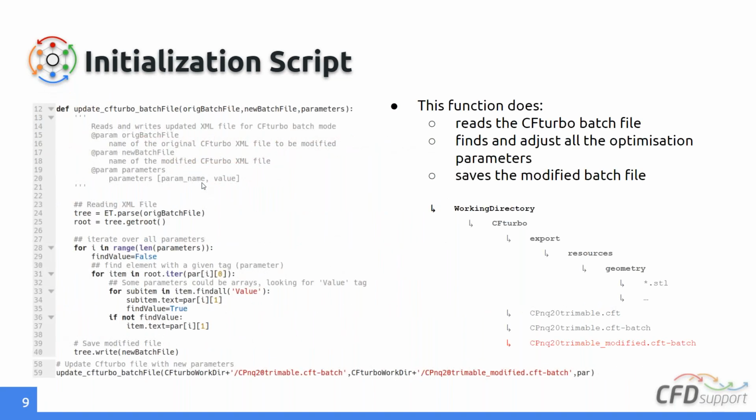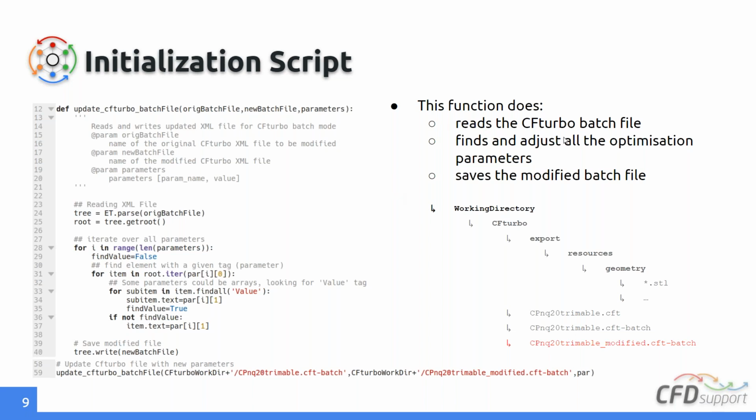Then there is a function which is specific for the connection of CFturbo. This function takes the original batch file, then we create a new batch file because we would like to keep the original one, and we send it the parameters which we get from the topt. It will be described later.